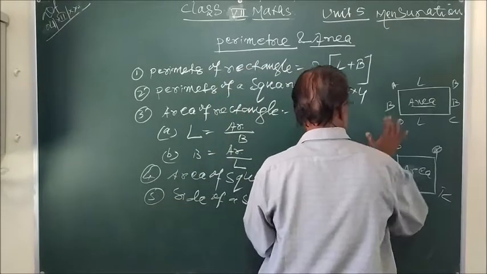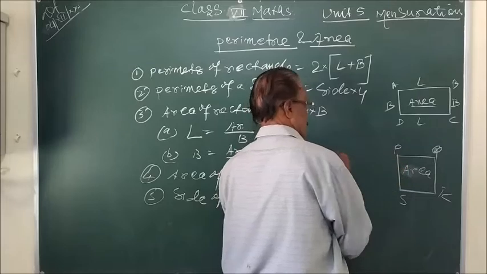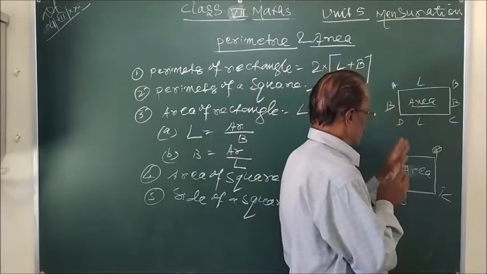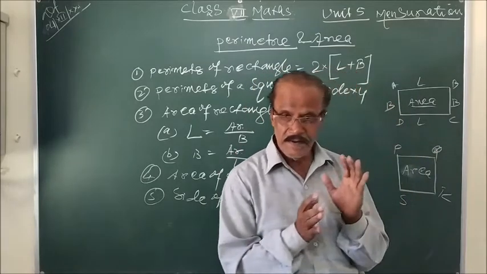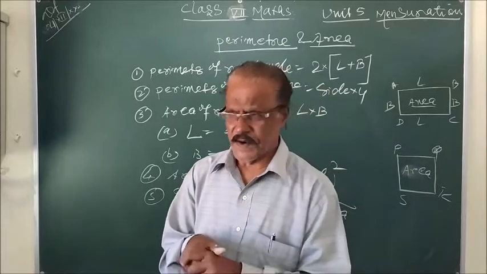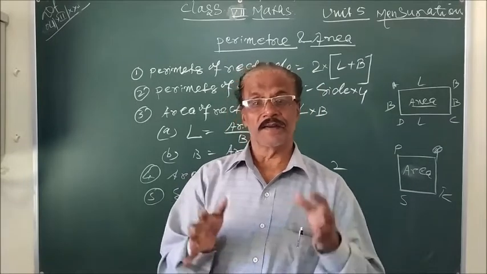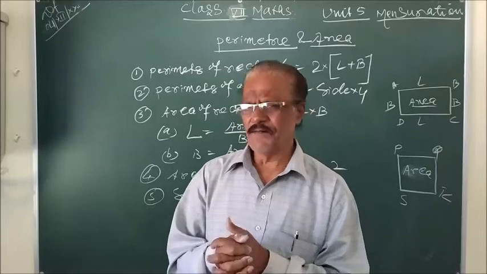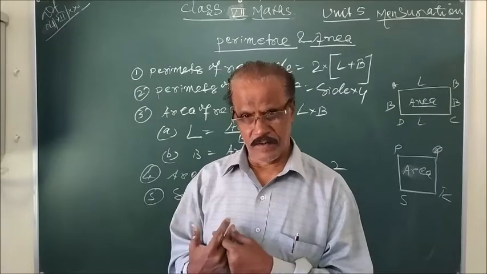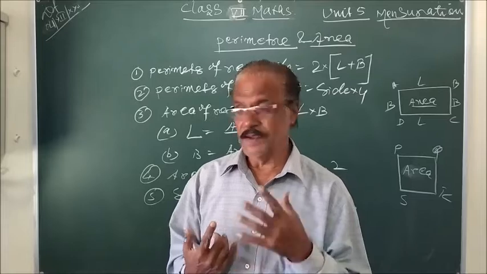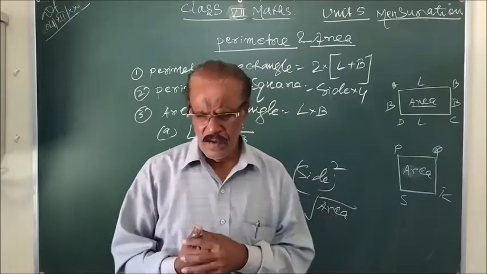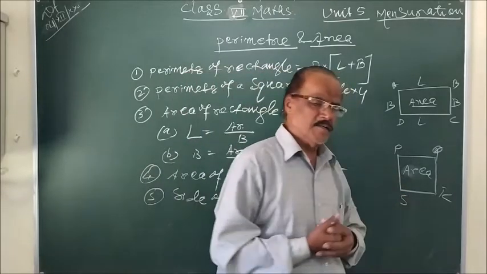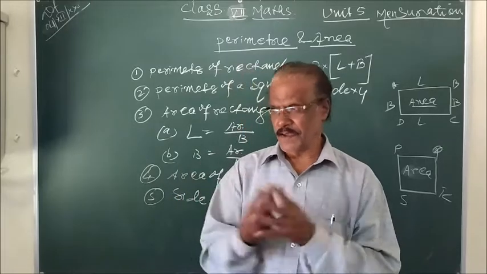Here you see this is the rectangle and this is the square. You must have learned rectangle and square in the geometry part. A rectangle is a kind of quadrilateral in which opposite sides are equal and each angle is 90 degrees. In a square, all the sides are equal.